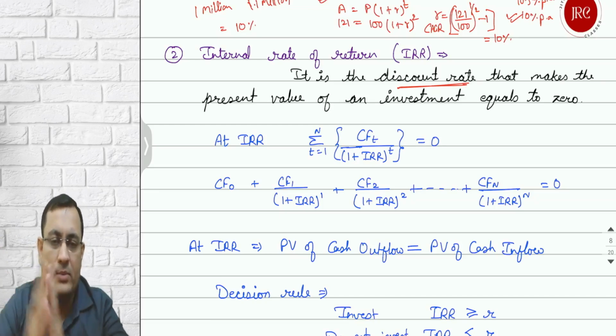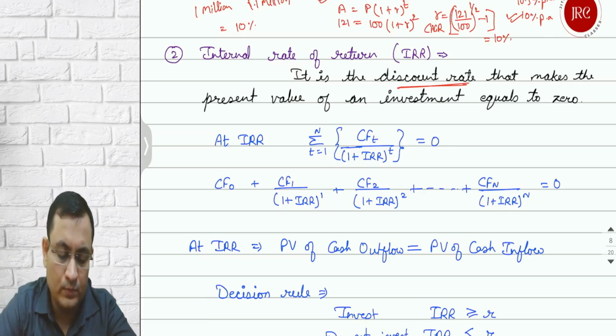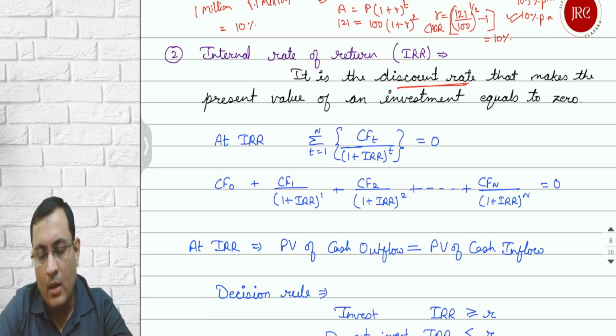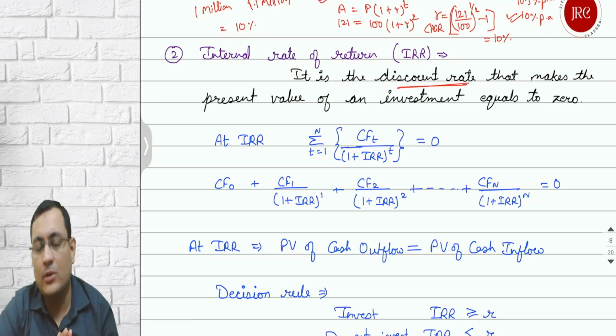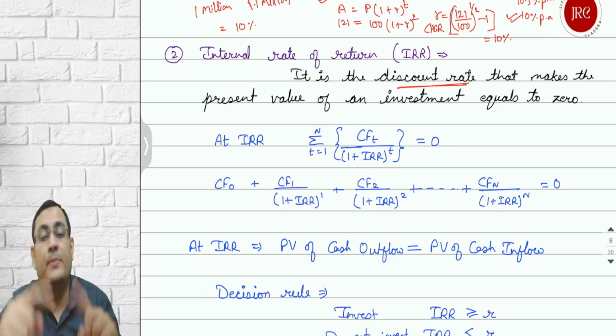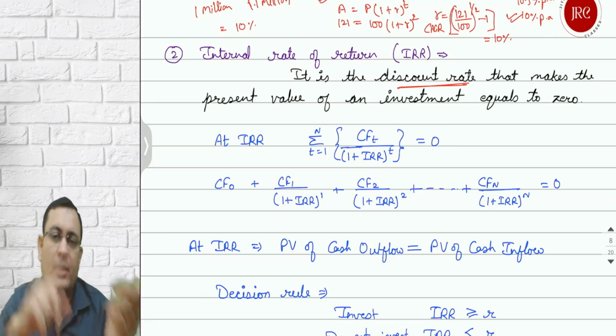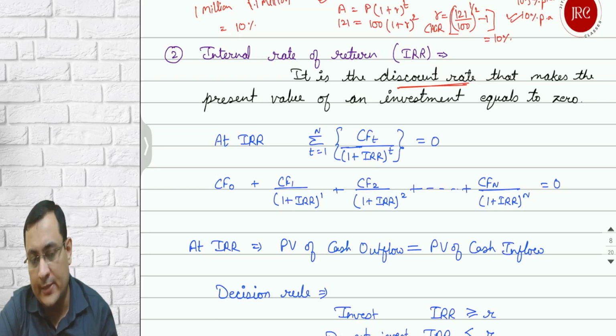Find out which project will be selected, A, B, or both, or none of the two. Same basis, they will give the same type of data, because finally the same data is used for IRR and NPV. And they will ask you to calculate IRR for the project, and on the basis of IRR, select the project if they are independent or mutually exclusive.